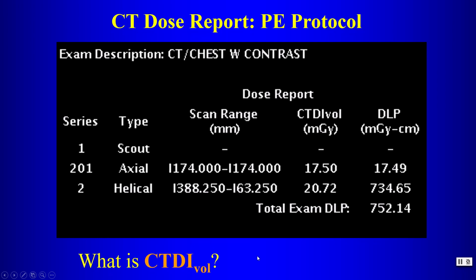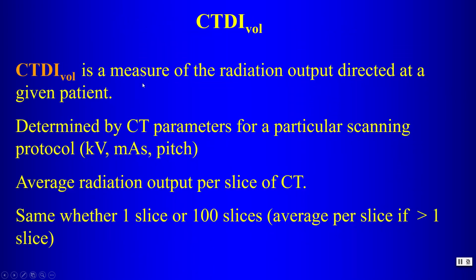So the CTDIvol, this number here, is a measure of the radiation output directed at a given patient. It's determined by the CT parameters for a particular scanning protocol, those parameters being the kVp, the mAs, and the pitch.